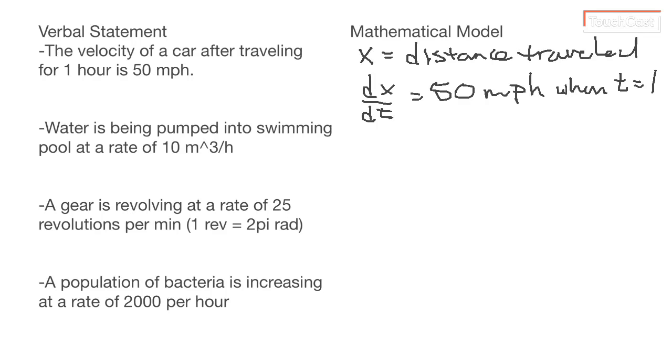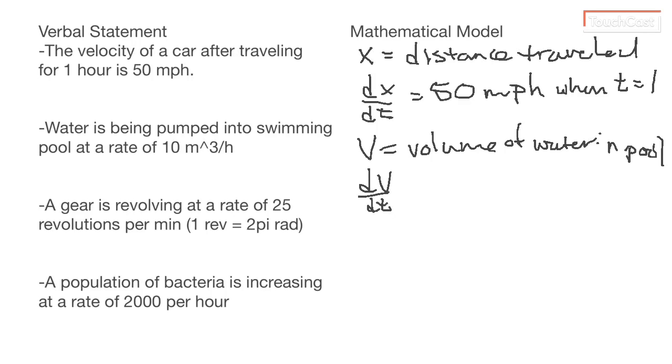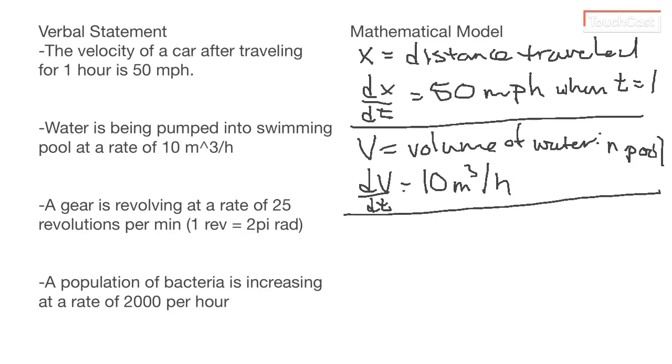For the second verbal model, we might have a model looking like V equals the volume of the water in the pool. And dV/dt is 10 cubic meters per hour.